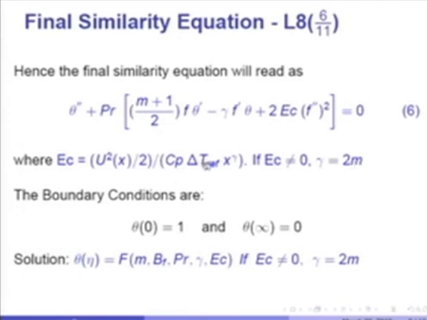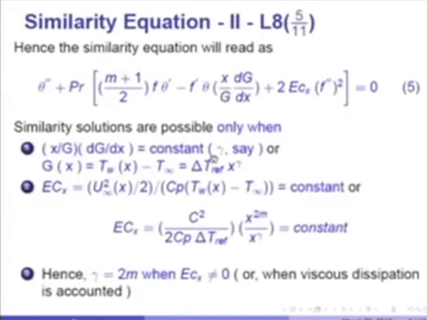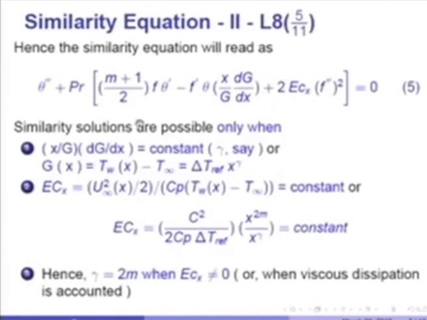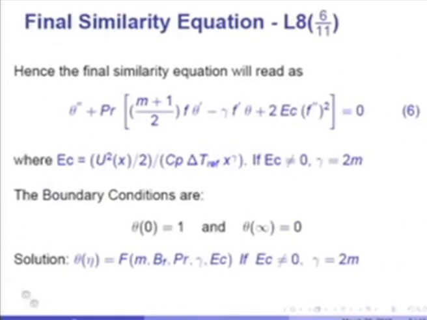What would be the boundary conditions? Well, that is straightforward to see if you recall the temperature. So, at the wall eta equal to 0, theta 0 will be 1, and at infinity the numerator will be 0. So, theta infinity will be 0. So, that is what you see here. So, the boundary conditions are this, and what would the solutions look like?